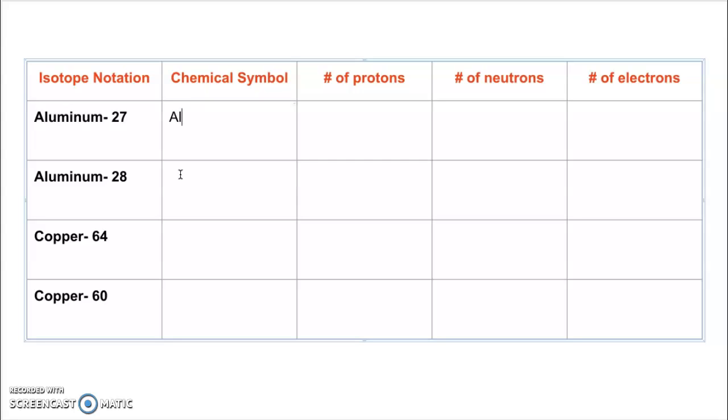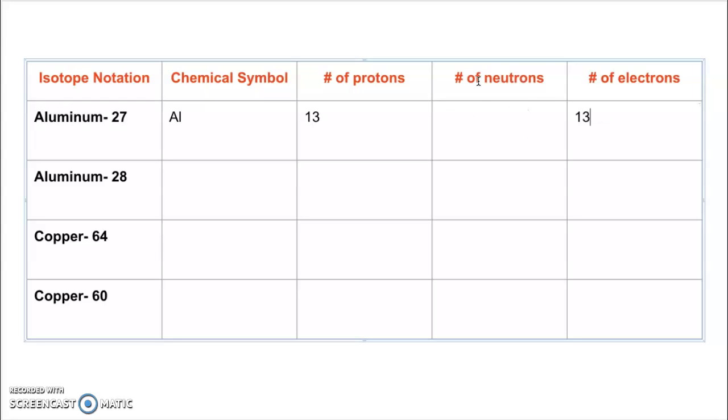And I know that my atomic number of 13 is also my number of protons. My number of protons in a neutral atom, and all isotopes that we're going to be talking about right now are neutral atoms, means that my number of protons equals my number of electrons. So if I have 13 protons, I must have 13 electrons.